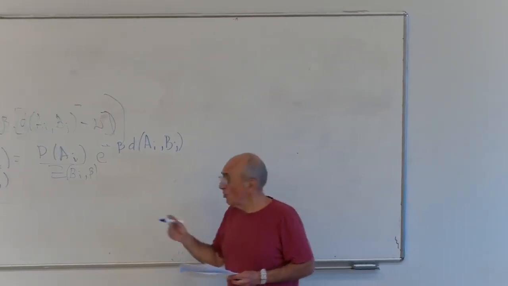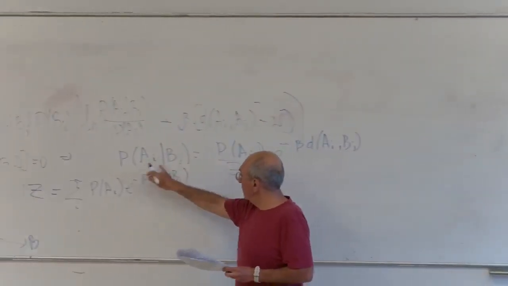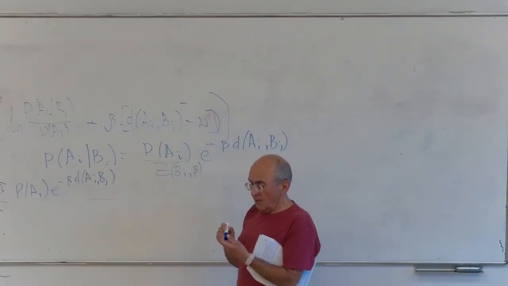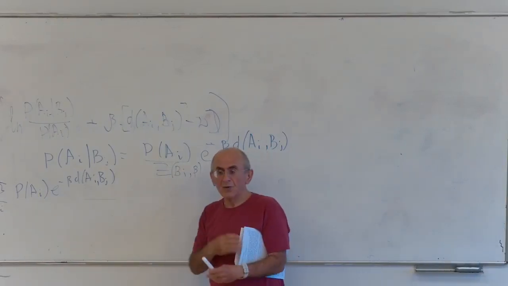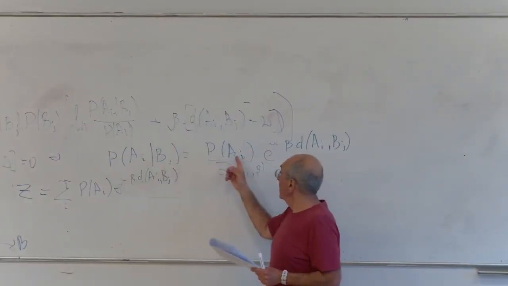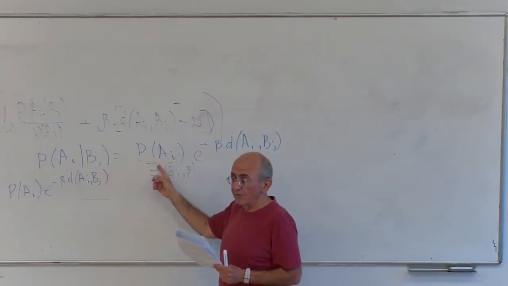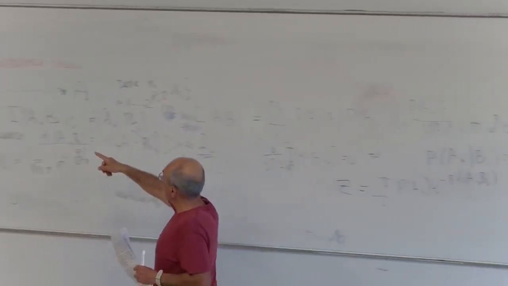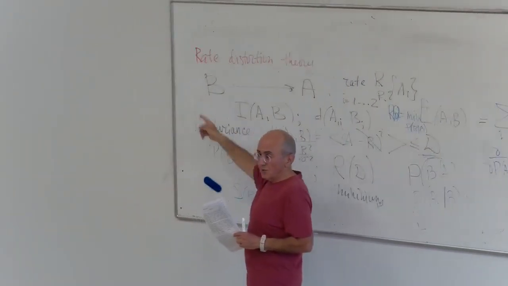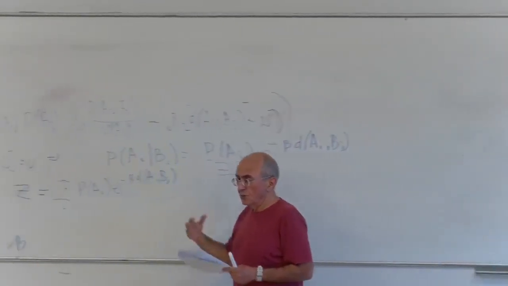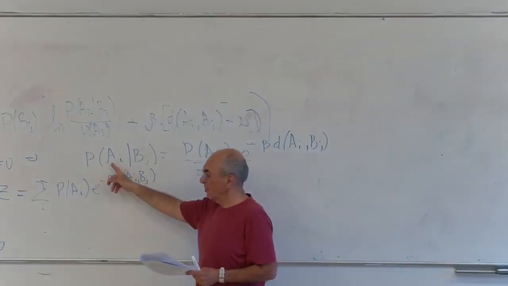I intentionally wrote it for this conditional probability to stress that it expresses p of a_i conditional on b through a so far unknown function p of a_i, right? Because what I know is p of b, which comes outside here. So there is p of b coming. I need to choose my conditional encoding.